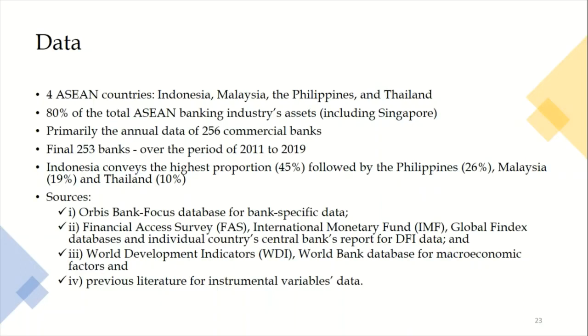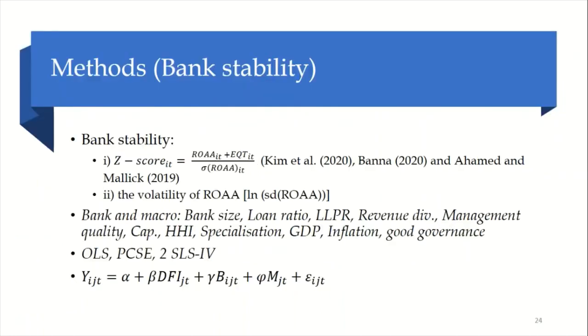We use several sources: Orbis BankFocus for bank data, the Financial Access Survey given by the International Monetary Fund, and the Global Findex database. We also use the World Bank WDI database for macroeconomic factors, and other literature for the instrumental variables.